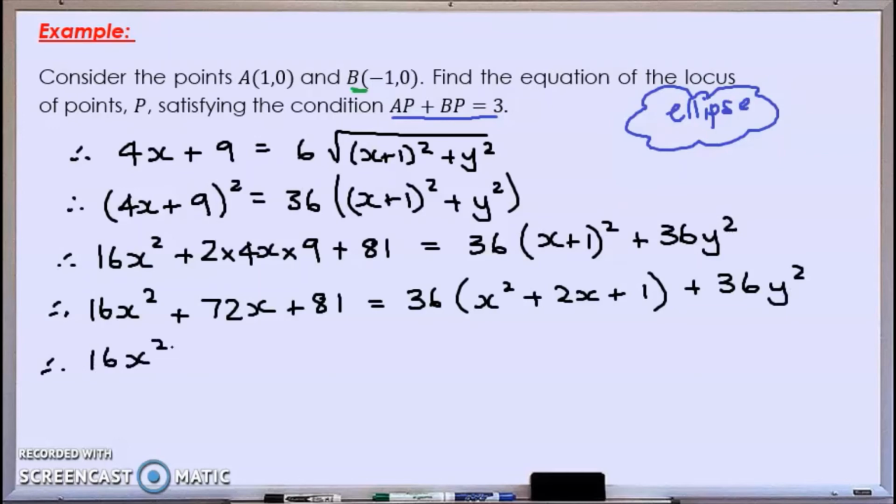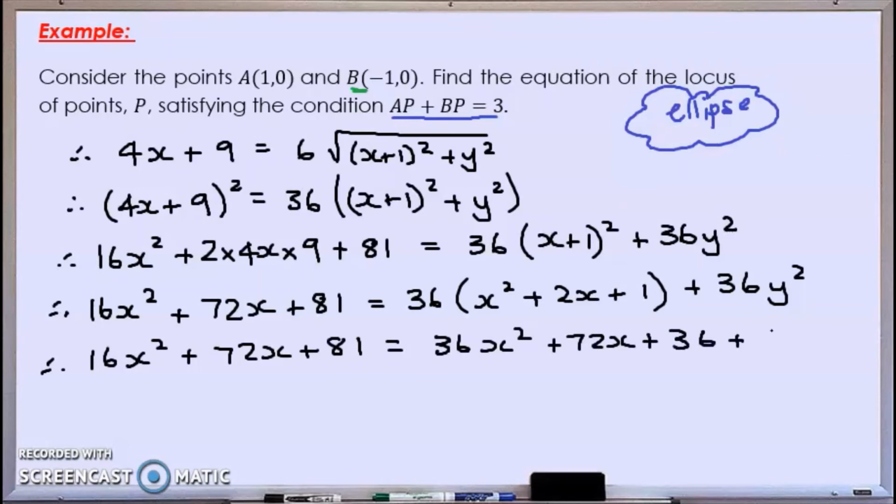Then we'll smooth out our expression over on the right, expanding this. And then let's see if there's anything we can clean up and have a look. We've got a 72x and a 72x. So that's handy as well. Now we've got a 16x squared and a 36x squared.